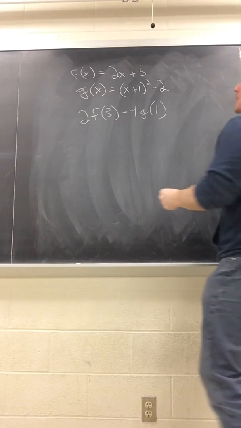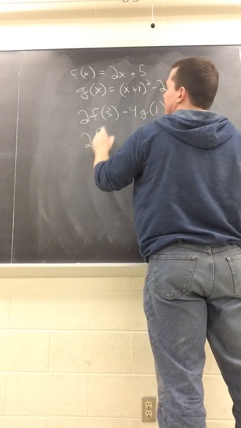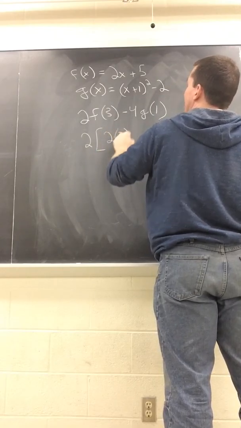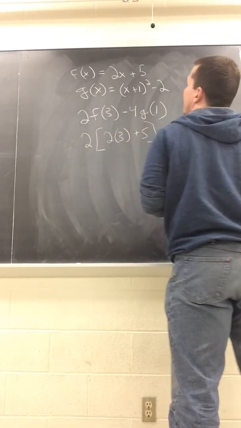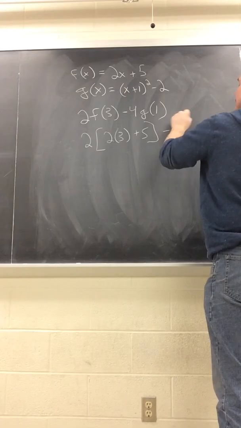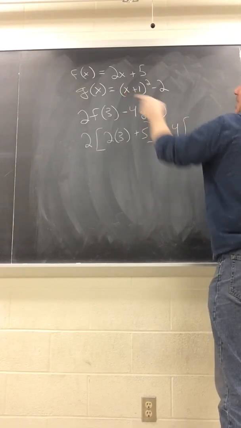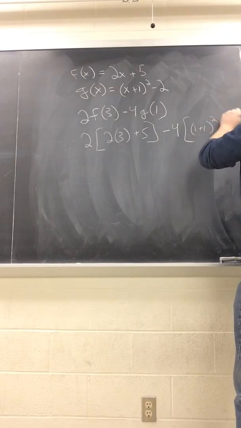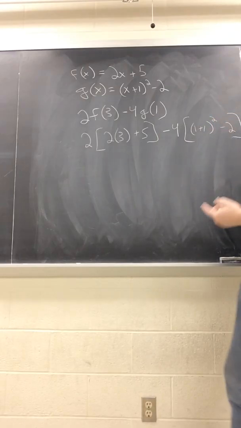All we do is substitute. 2 f of 3. F of 3 is f of x when x is 3, so that's 2 times 3 plus 5, minus 4g of 1. G of 1 is g of x when x is 1, which is 1 plus 1 squared minus 2. And then just do all the math out.